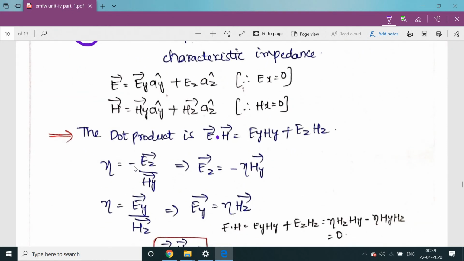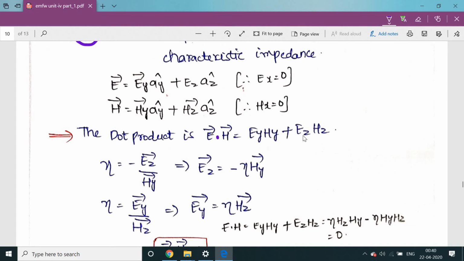We know eta is equal to minus Ez by Hy, so Ez is equal to minus eta Hy. And eta is also equal to Ey by Hz, that is Ey is equal to eta Hz. If you substitute here, in place of Ey it is eta Hz, so eta Hz into Hy.